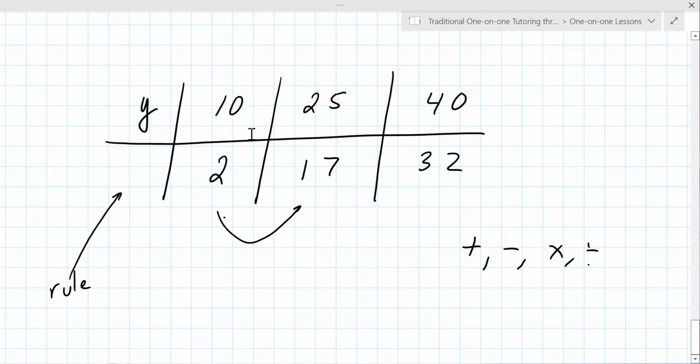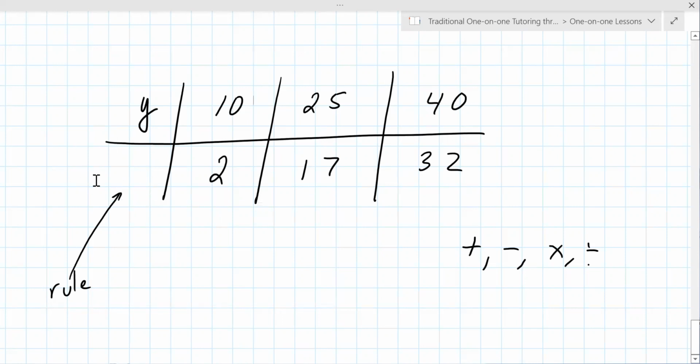Are you adding 7 each time? Or sorry, 8? So you're looking at the top number. How do you go from 10 to 2? You subtract 8, right? And does it work for the next one? Yes. Does it work for the next one? Yes. Oh, so it's just subtract 8.